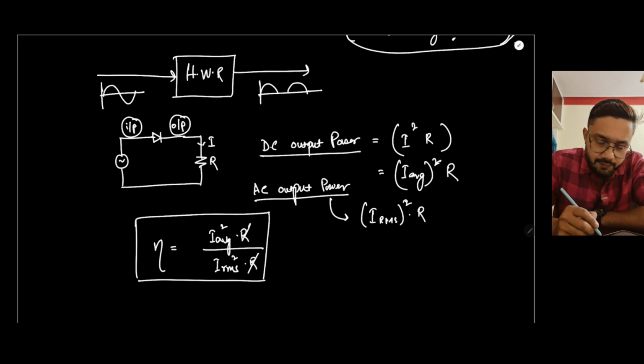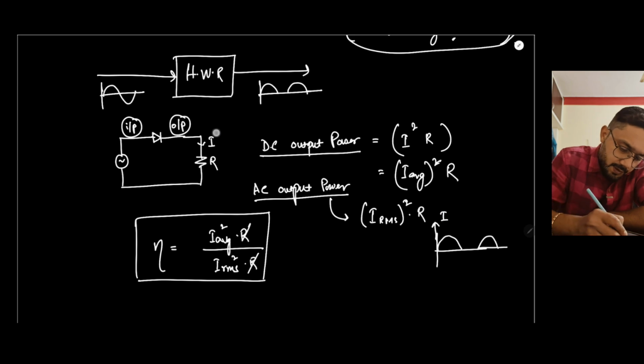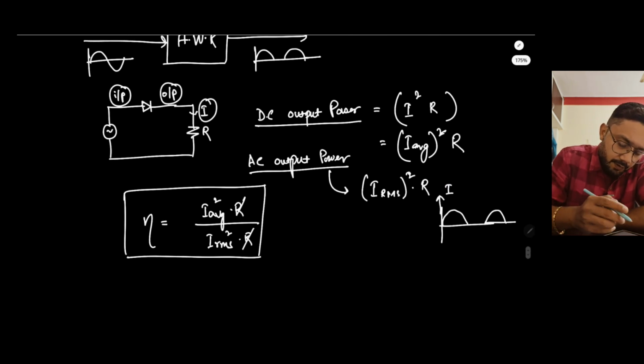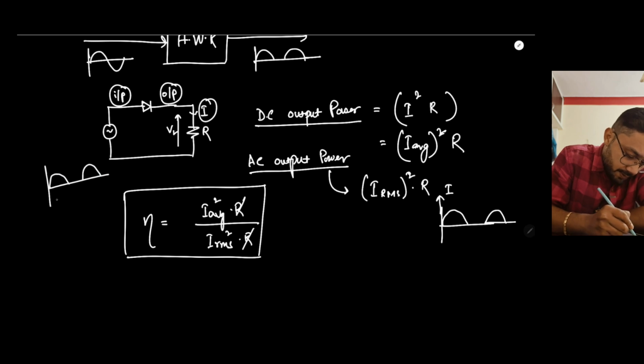See, what will be the average value of the current? The current will also look like this. The voltage across the load looks like this, and this is a purely resistive circuit, so the current also takes the shape of the voltage. Obviously the magnitude will be different, but the shape will be the same.